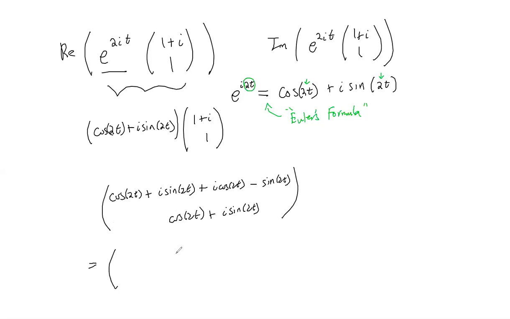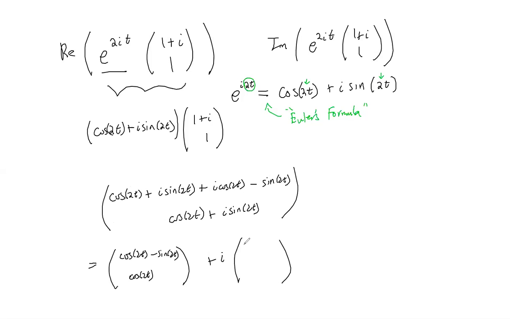And now let's break it up into real and imaginary parts. So the real part on the top one is cosine of 2t minus sine of 2t. And the bottom is cosine 2t.